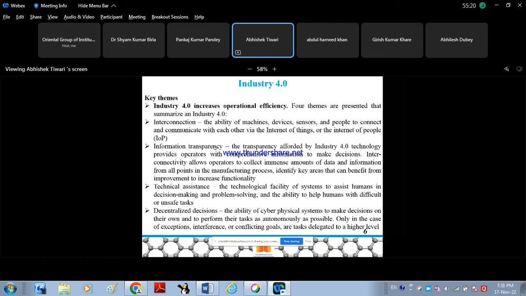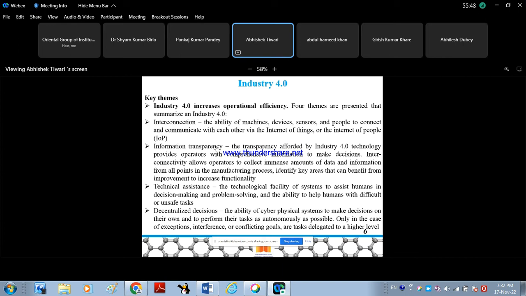Now, the key themes that surround Industry 4.0. Industry 4.0 increases operational efficiency, and the four themes presented here are, first, interconnection, that is the ability of machines, devices, sensors and people to connect and communicate with each other via the Internet of Things or the Internet of People.